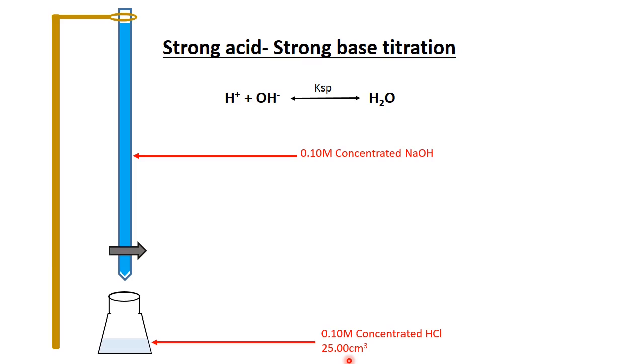Now we are going to do the titration. So the base is in the burette and the acid is in the titration flask. Now the titration can happen. So this is basically what happens when we are doing a titration.